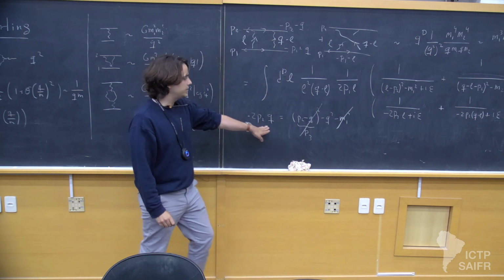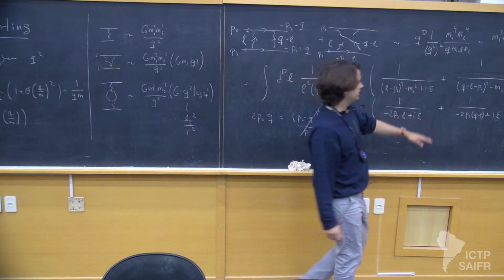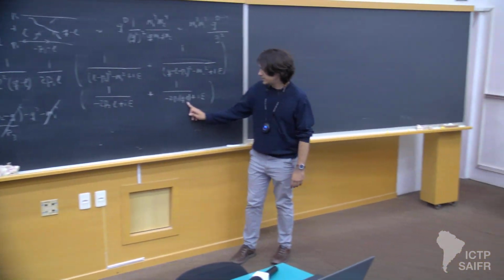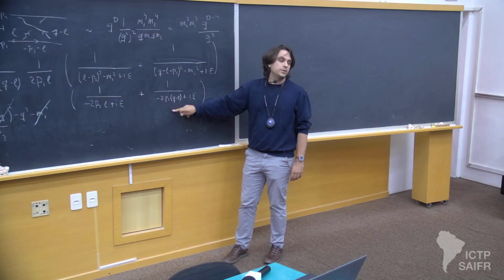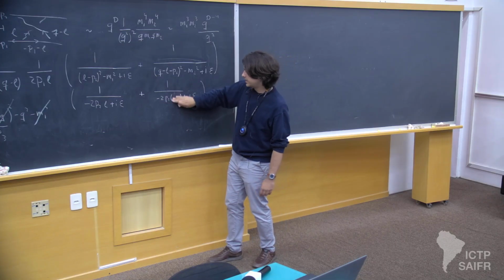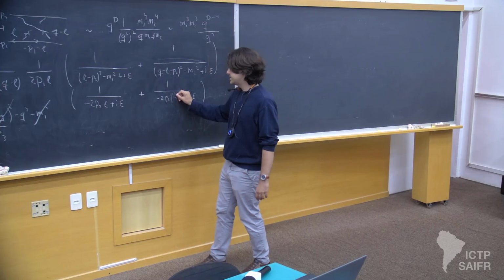So P2 dot Q is actually order Q squared. So I can just drop it, because here L is order Q, P is order M, and then P2 dot Q is just suppressed. So let me just erase it here. And then I will cancel this minus sign.